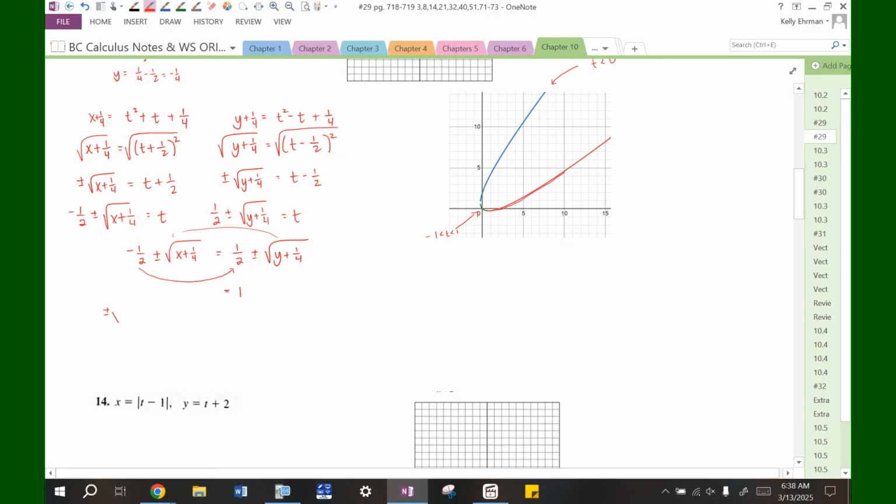So plus or minus the square root of x plus 1/4 plus or minus the square root of y plus 1/4 is equal to 1. In Desmos, I'm not going to take the time to do it right now, but I typed in all four combinations of this: both positives, both negatives, one positive, one negative, alternating. And that's how I got the full graph for that.